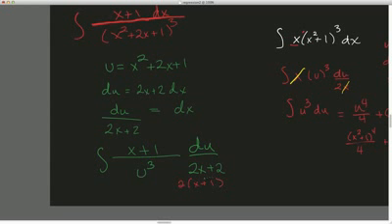And do you see how now x plus 1 goes bye-bye? So now bring the 1/2 out, and then you have 1 over u to the third du. How do I integrate 1 over u to the third?